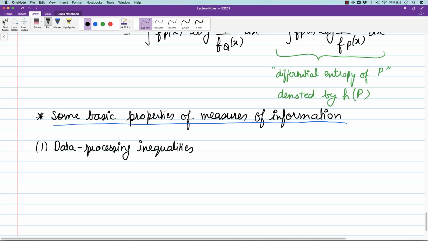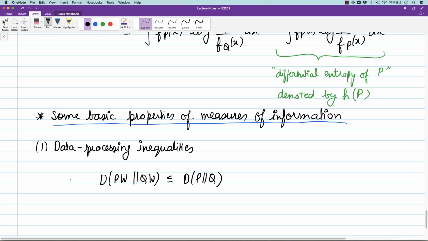So if you look at the divergence between the output distribution of a channel W when the input distribution is P and Q, PW and QW, this is just less than or equal to D(P||Q). Of course, you have to argue that if P is absolutely continuous with respect to Q, then PW is also absolutely continuous with respect to QW and all that. All that is true, and then this inequality holds.